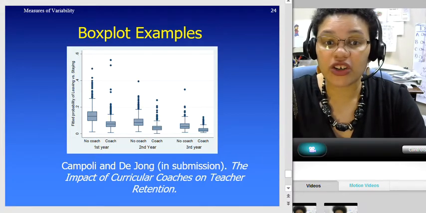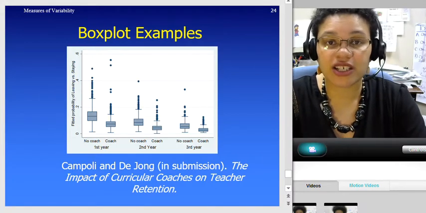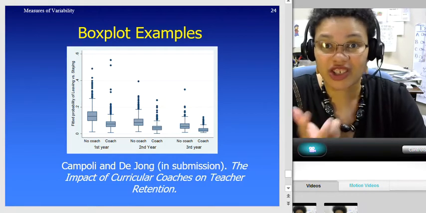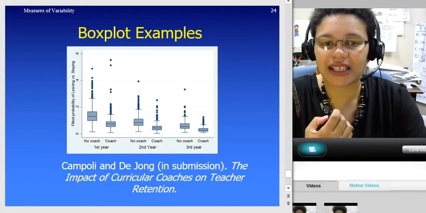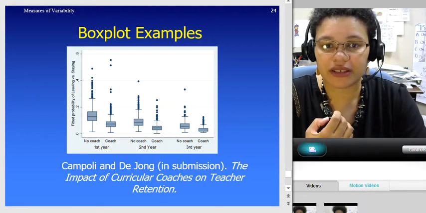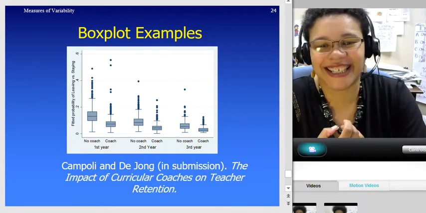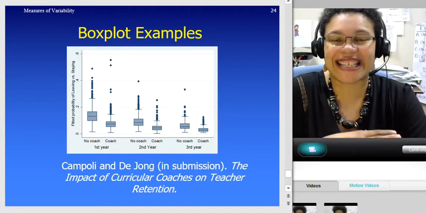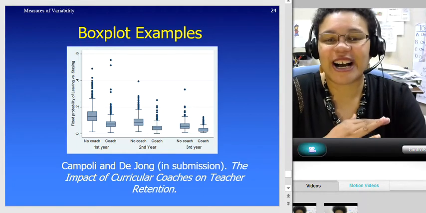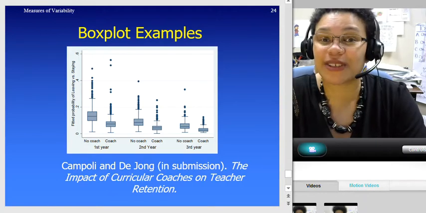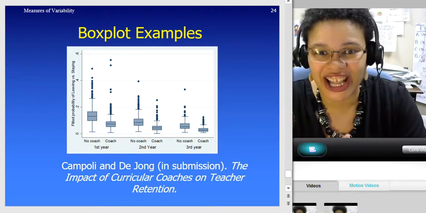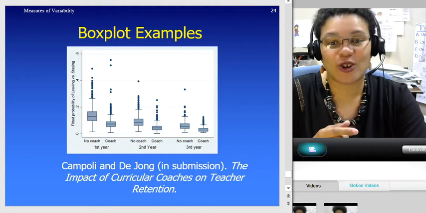What we showed in this paper was that first year teachers who had an instructional coach at their school were much less likely to leave education. They were much more likely to come back for a second year of teaching if there had been a coach in their school.